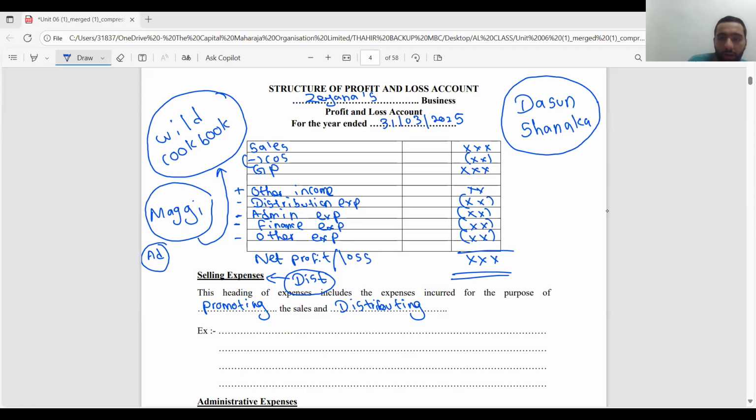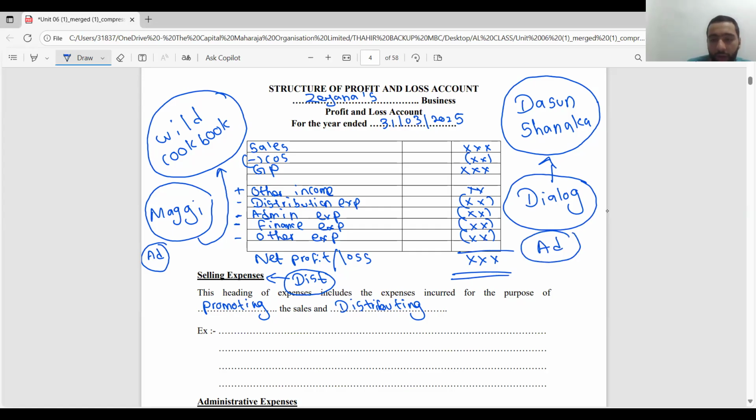Yes, he's a cricketer. So what does Dialogue do? Dialogue, the telecommunication company, uses him for advertisement, and they have come into an agreement for 2 years. Dasun Shanaka, the previous captain of the Sri Lanka cricket team, is used for their promotion activities. They will use his photos and videos so that Dialogue can promote itself.